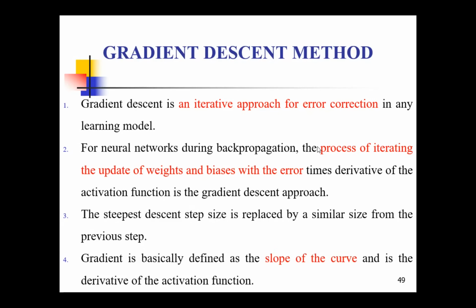So what does this gradient actually mean? The gradient is nothing but the slope value of the curve, and it is the derivative of the activation function. So what activation function are we going to select? Whether we go with stepwise, linear, sigmoidal, or Gaussian functions, the gradient will be the slope of that particular curve.